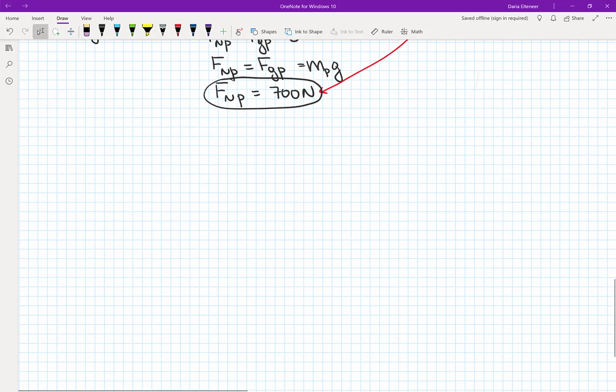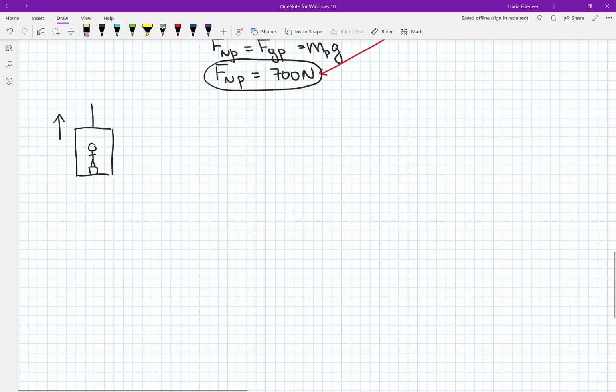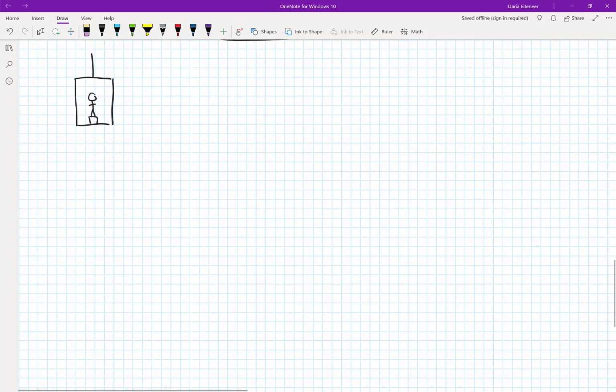Cool. So, really no surprises here. Let's make this a little bit more complicated. We're going to have our elevator and everything else that's in it accelerate upward. I'm just going to make this acceleration be 2 meters per second squared upward.